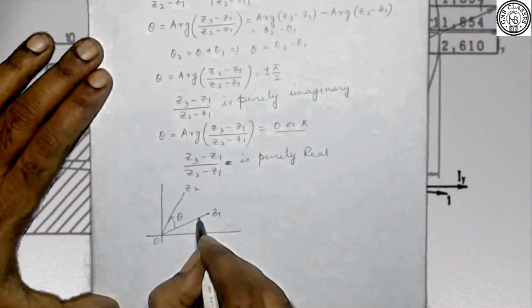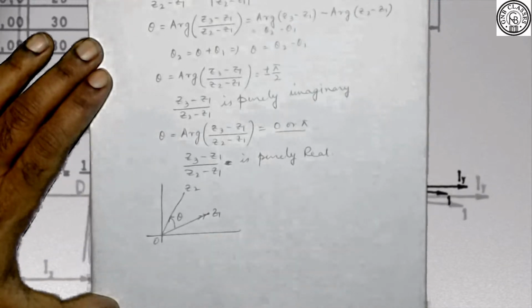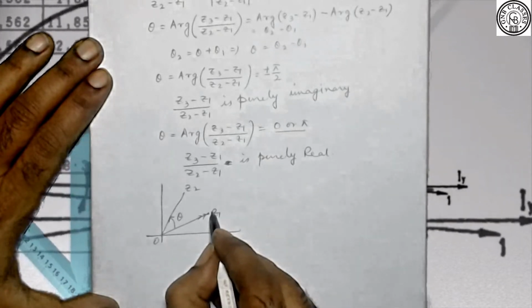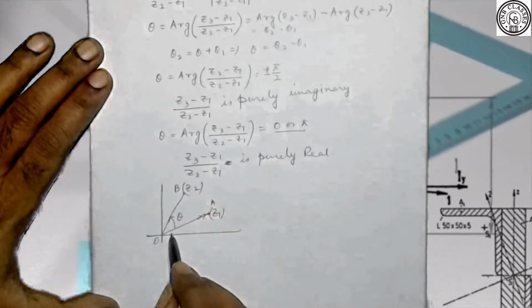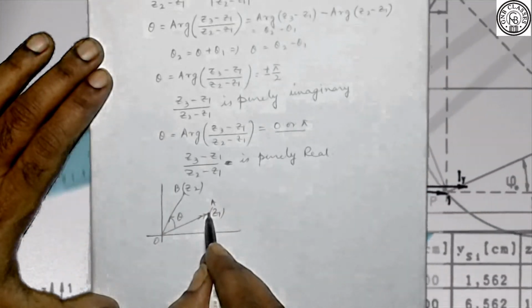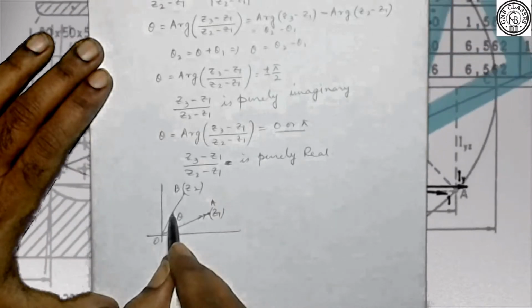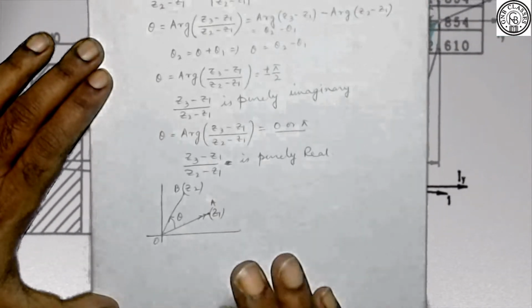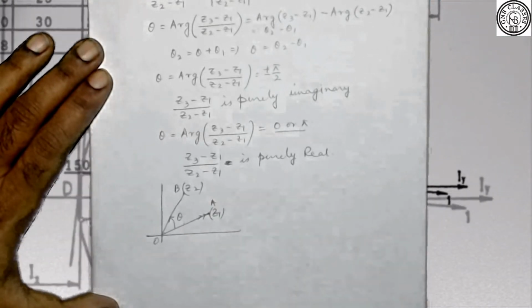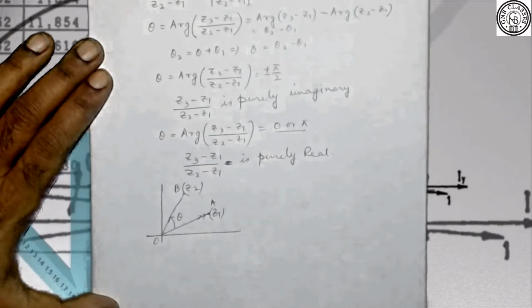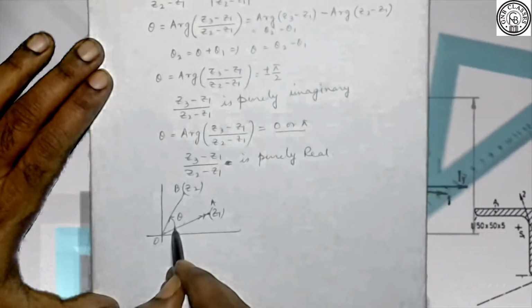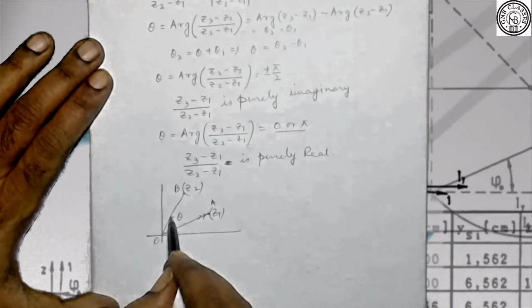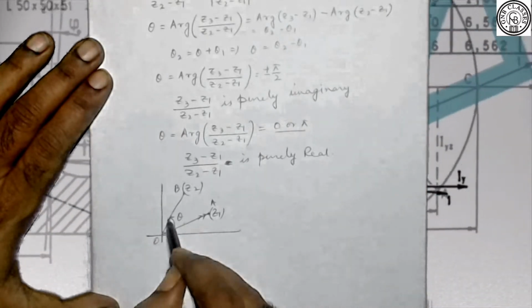Let us give names: this is A and this is B. The vector OA revolves in the anti-clockwise direction. We are trying to say the same fact as we have discussed right now in some other way. What I want to say is the vector OA is moving in the anti-clockwise direction and taking the position OB.